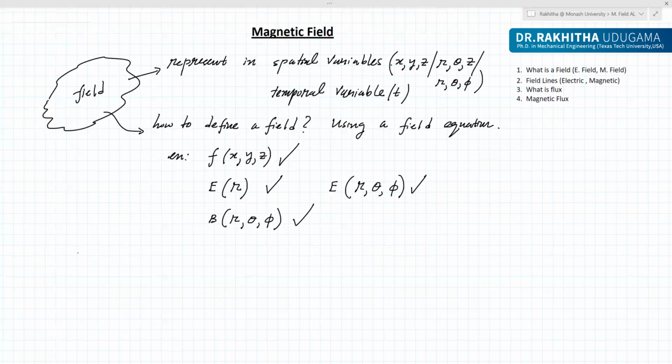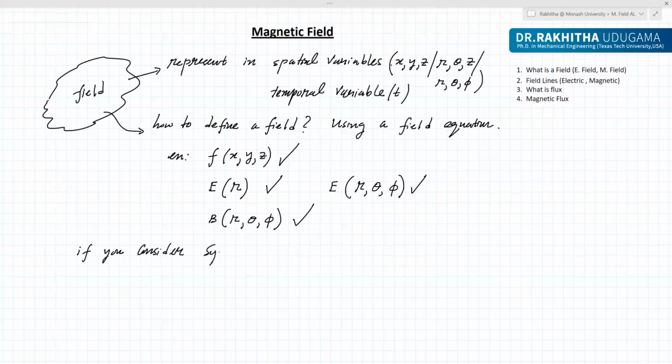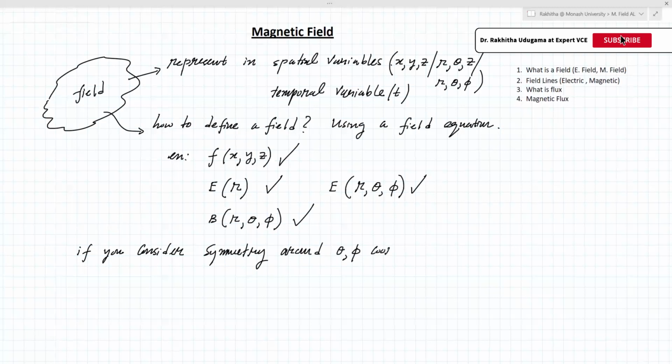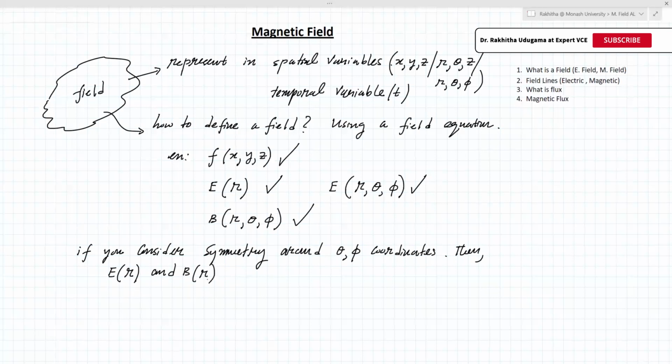Now, if you consider symmetry around the theta and phi coordinates, then we can say this E is just a function of r and B is just a function of r.